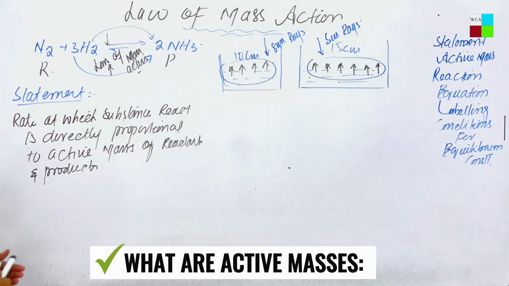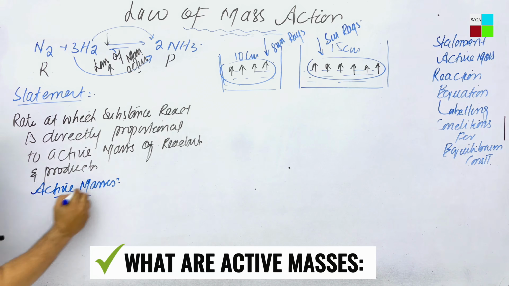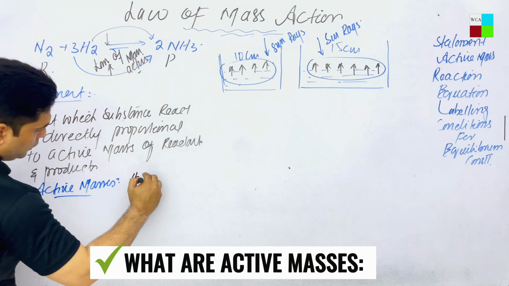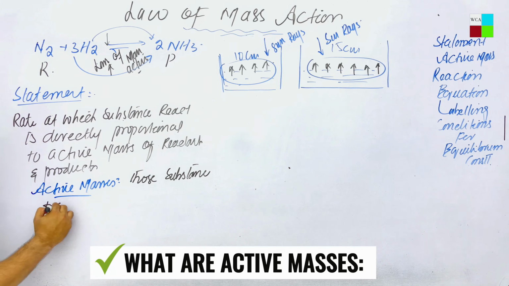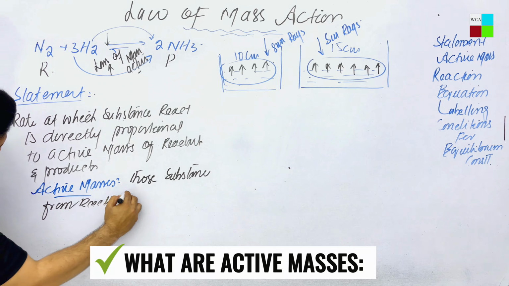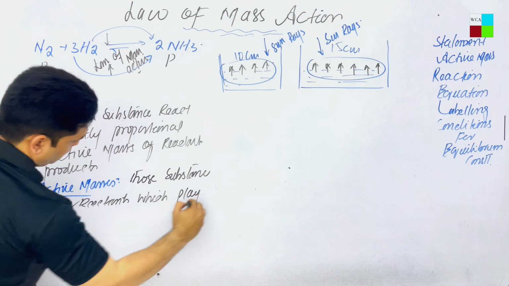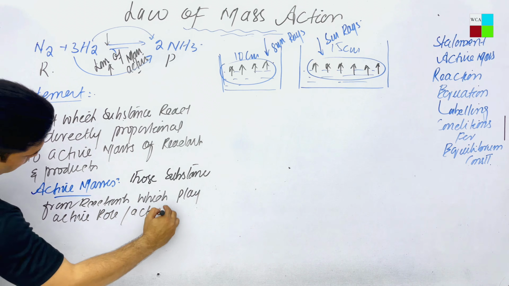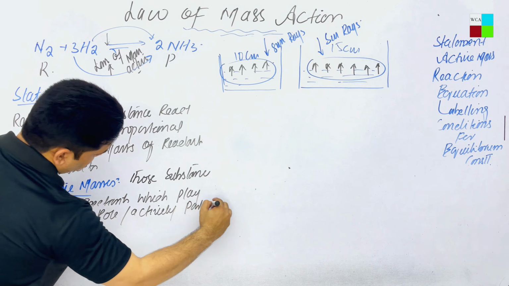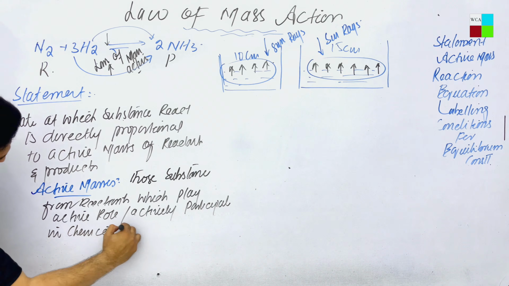So active masses means those substances from the reactants which play an active role, or actively participate, in a chemical reaction.